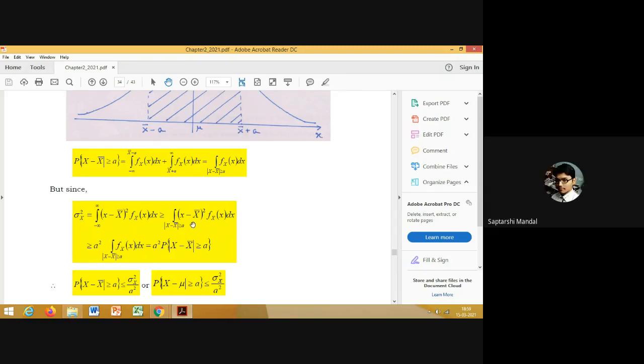Yes, ma'am. So now we assume that this deviation should always be greater than a square times the integral with limits x minus x bar greater than or equal to a of fx dx. Because now this becomes a square, right? Yes, ma'am.